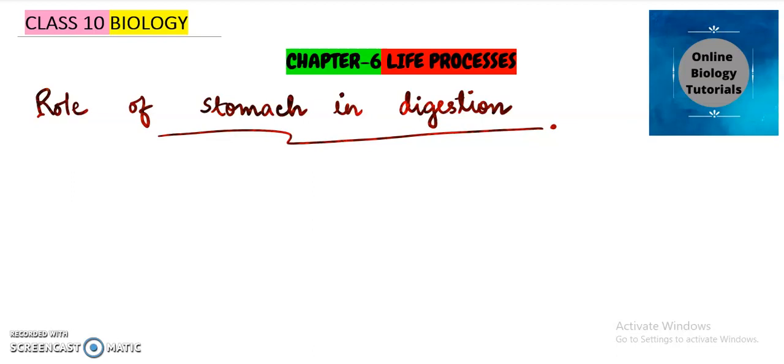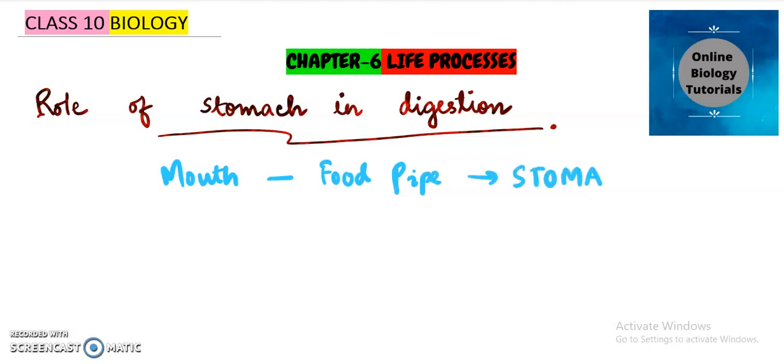Now if we talk about the sequence of all the parts in the alimentary canal, then the mouth comes first, then comes the food pipe or the esophagus, and then comes the stomach. So in this video we will discuss what is going to happen in the stomach.